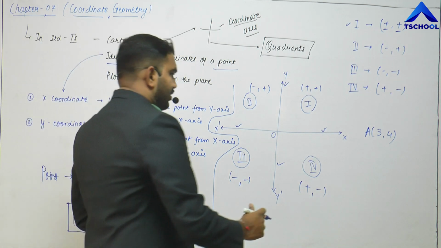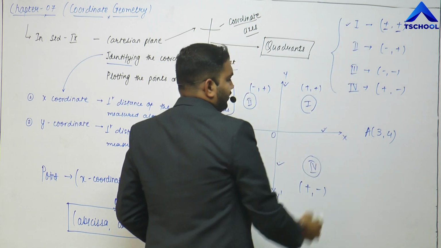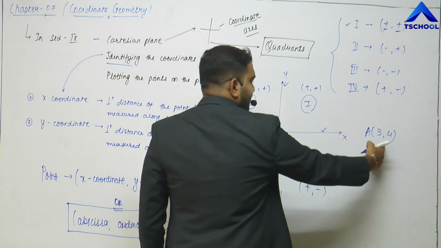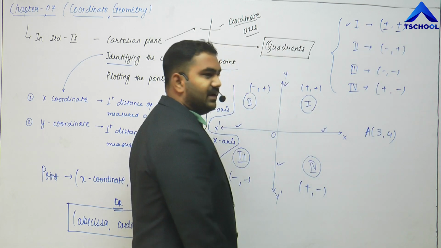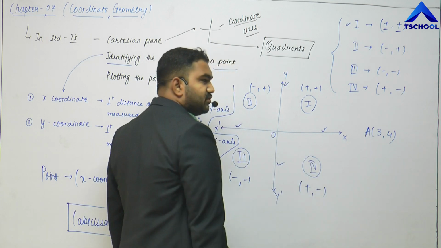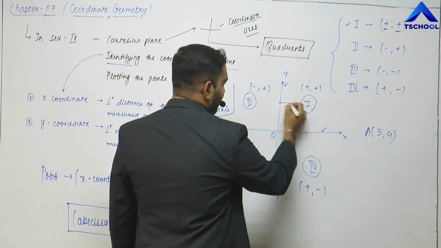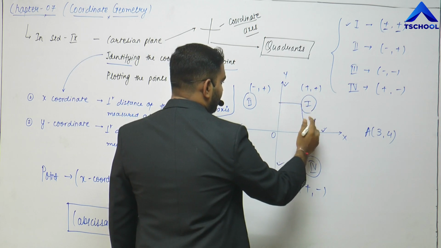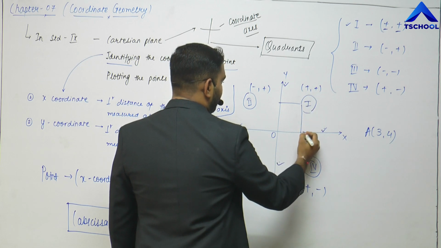So (3, 4), first of all compare it with this. Both the coordinates are positive here, so you can directly go to the first quadrant. This point will lie in the first quadrant, and x corresponds to 3, that means the x coordinate is 3. You will look at 3 here, 4 on the y-axis, and there you will get a point that is (3, 4), right?